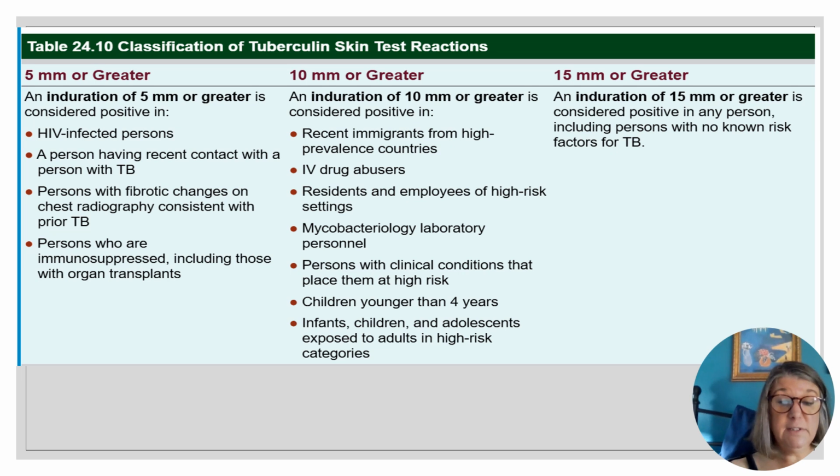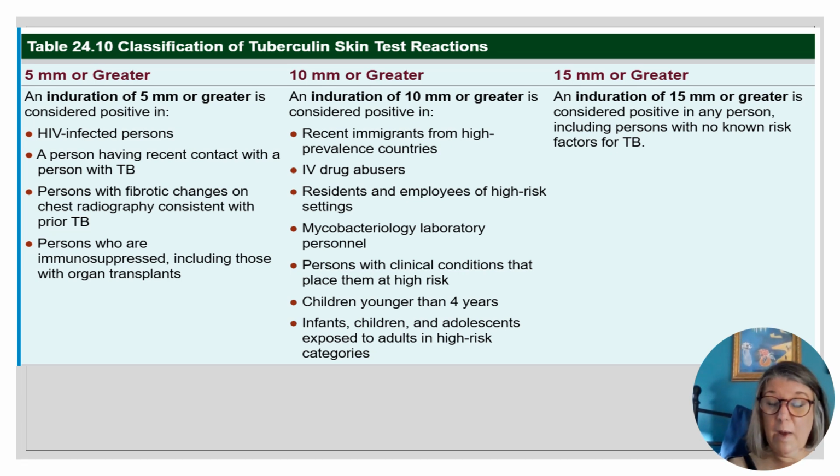This is slide 59. You're going to want to take a look at this chart. This is related to the PPD skin test. When we do the PPD skin test, what we are looking for is if an induration forms. An induration is where that area turns red, it puffs up, it forms what looks like a bug bite, it's itchy.